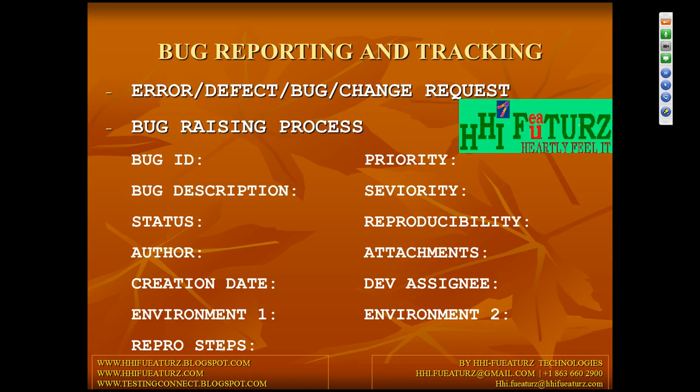And attachments. Attachments is nothing but, whatever bug or issue you are reporting, you take a screenshot and attach it to your bug. It is very important. It's always a best practice to attach the screenshot.